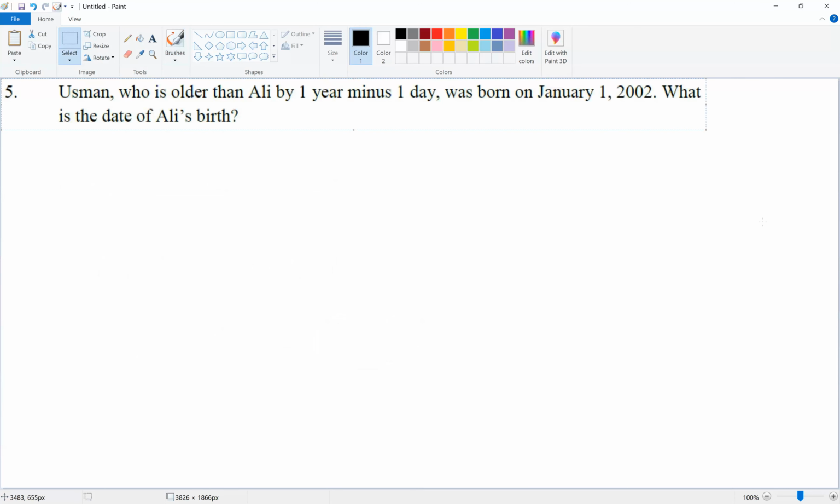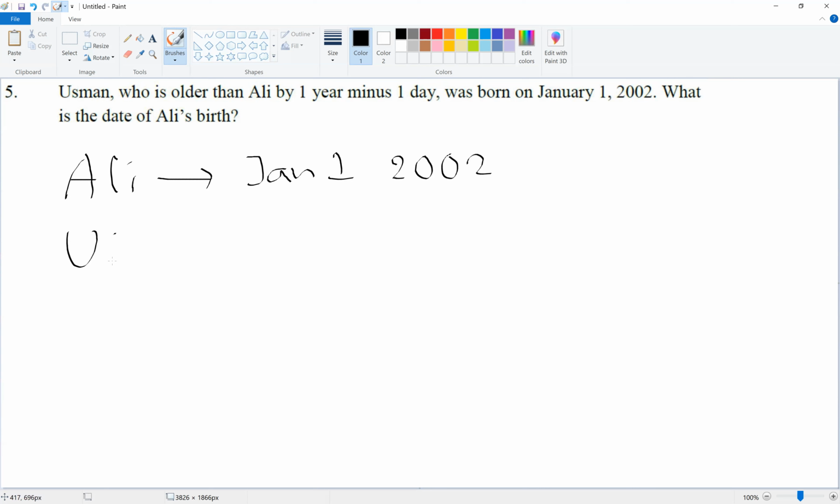Number 5, Medha. Usman, who is older than Ali by 1 year minus 1 day, was born on January 1st, 2002. What is the date of Ali's birth? So what I did was, if Usman is older than Ali by 1 year, you can just jump straight to January 1st, 2003, and you subtract 1 day from it, which would be December 31st, 2002.